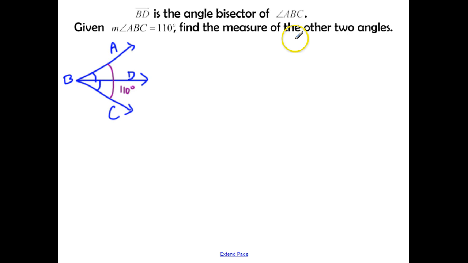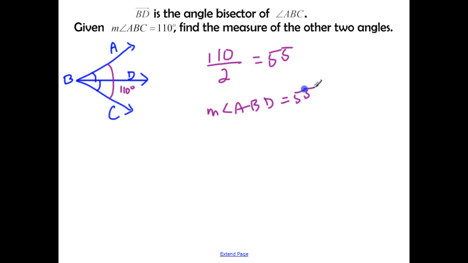Find the measure of the other two angles. So I just want to take the whole angle, bisect it, we'll divide it by 2, and we get 55. So the measure of angle ABD equals 55 degrees, and we have the measure of angle DBC equals 55 degrees.